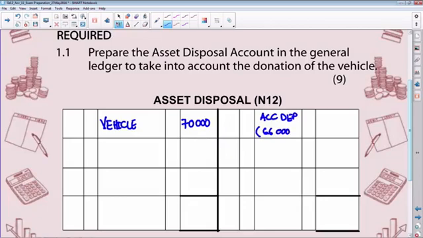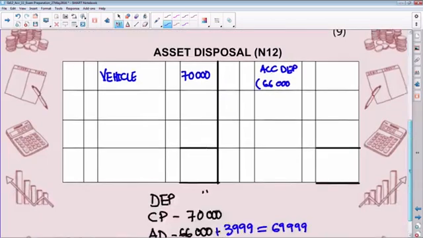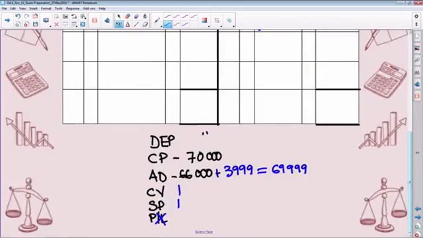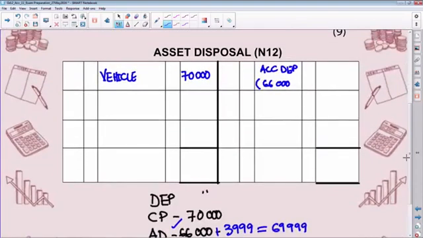Remember, in my table, the first part of my calculation, just to bring it to your attention, there's the 66,000. Then you added the 3,999 rand for the current year to give you an accumulated depreciation of 69,999 rand. Clearly you can see this vehicle was donated. Therefore, you've got a donation, right, to the value of 1 rand.